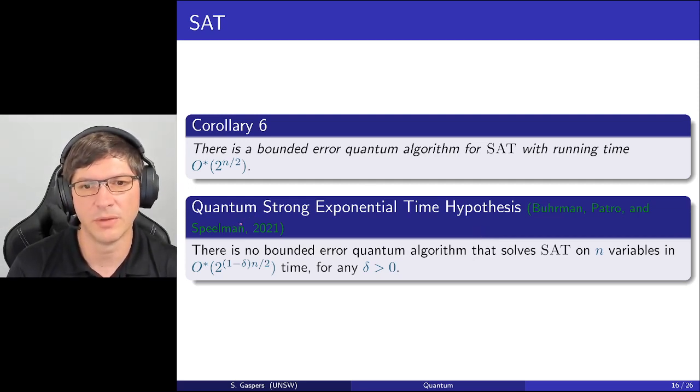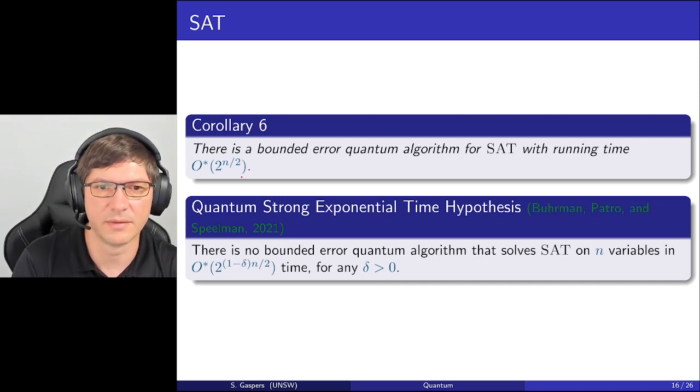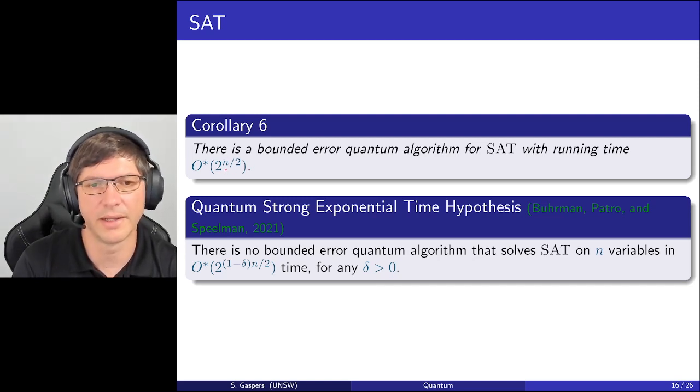There's also the quantum strong exponential time hypothesis, which basically says that we cannot hope for any faster algorithms than this. So there's no bounded error quantum algorithm that solves satisfiability with n variables in time 2 to the power (1 minus delta) times n divided by 2, for any delta greater than 0. Basically, this square root of 2 to the power n is the best constant we can hope for.